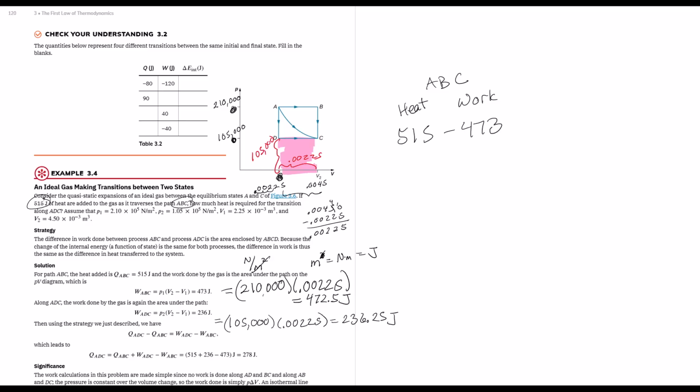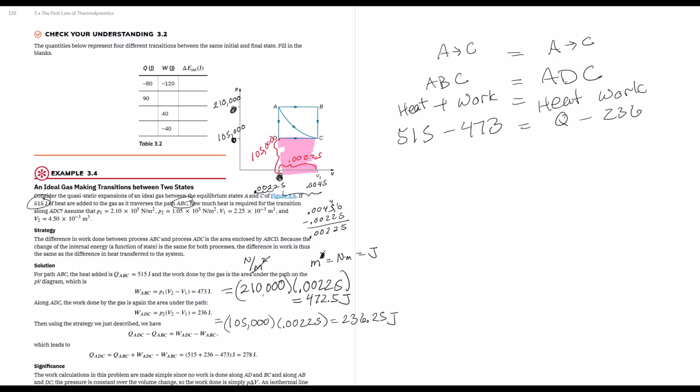Now, for the ADC side, we don't know how much heat that takes. That's what we're trying to find. But we know that it takes 236 work. We don't know the heat. But since they're both starting at A and going to C, that means the change in internal energy has to be equal. Does that make sense?